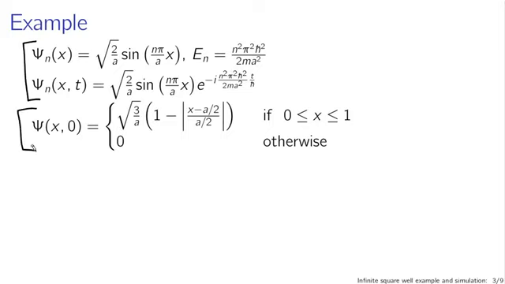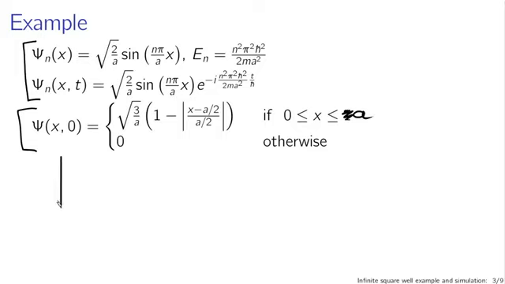The initial condition that I'd like to consider in this lecture is the wave function evaluated at 0, which is 0 if you're outside the domain. If you're inside the domain, you have this properly normalized wave function. We have an absolute value in this, which means this is a little difficult to work with.